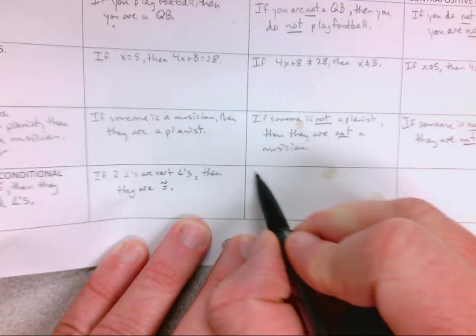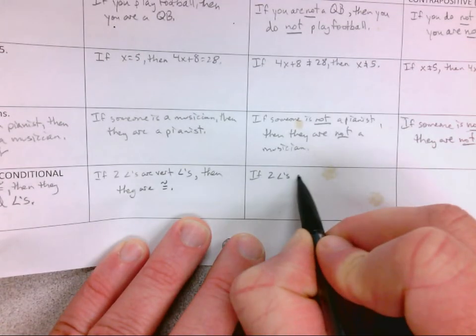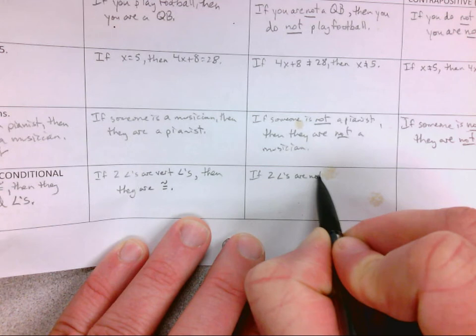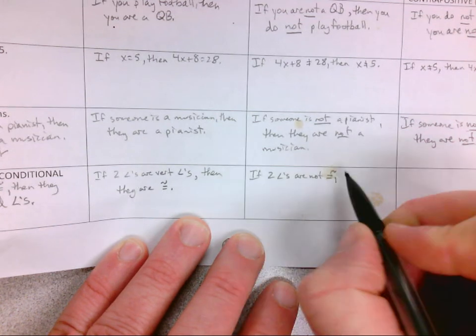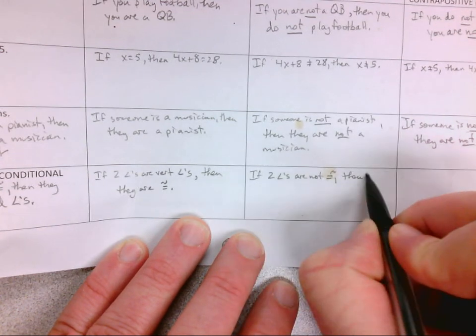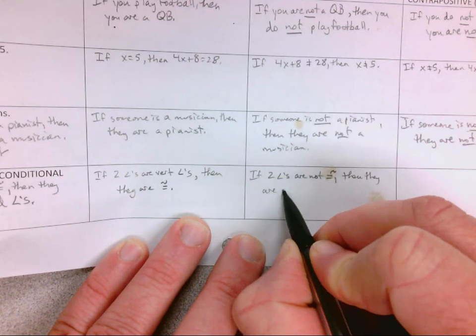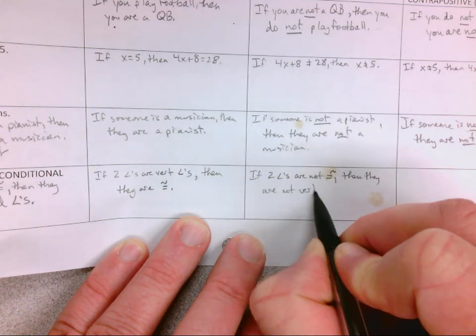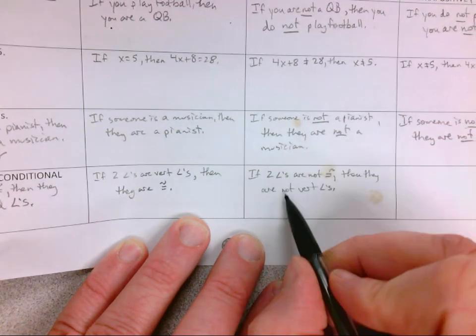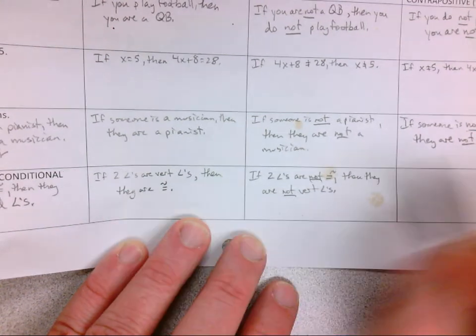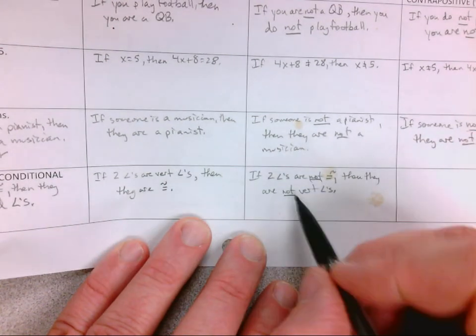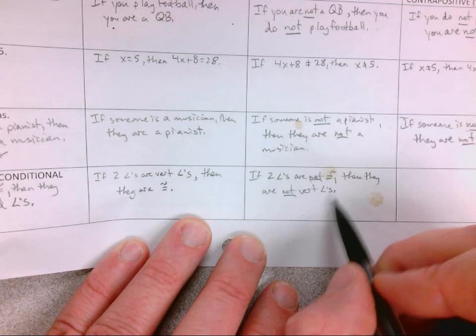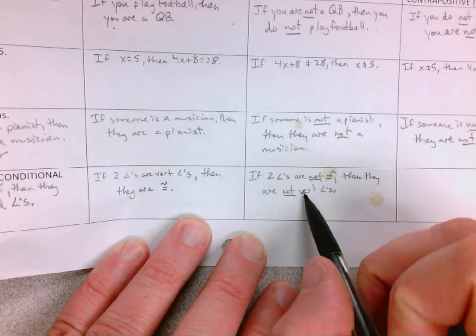The negation of the original, if two angles are not congruent, then they are not vertical angles. So we negated the original statement. This would also be true because vertical angles are always congruent. So we know they're not vertical if they're not congruent.